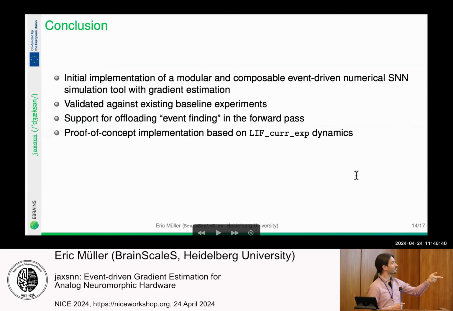We can offload to the BrainScales hardware, and we can offload to a hardware simulation that emulates some of the properties of the hardware, like noise and quantization of the weights and stuff like that. And currently, the proof of concept implementation is based on leaky integrate and fire current-based exponential synapse dynamics. So it doesn't yet incorporate the adaptive exponential integrate and fire dynamics that the BrainScales 2 system has. Also, there's no support for multi-compartment neurons, but that's basically what we have now.